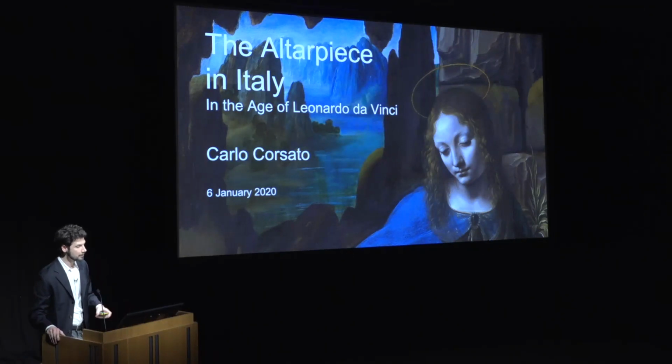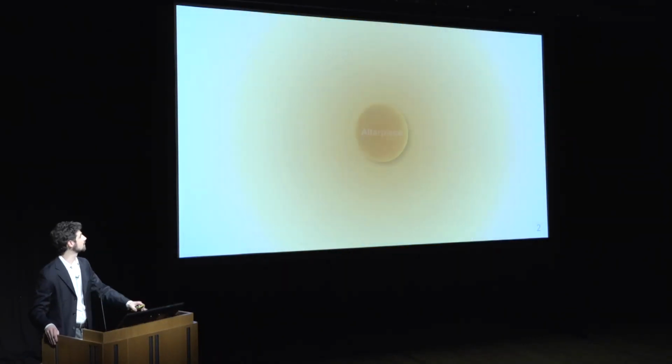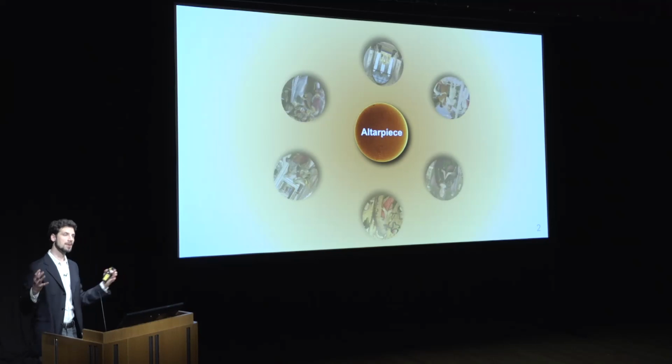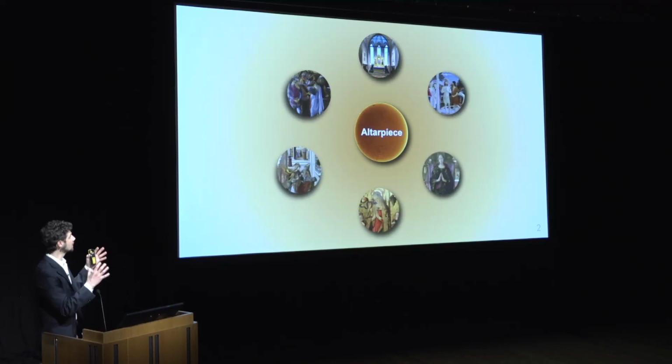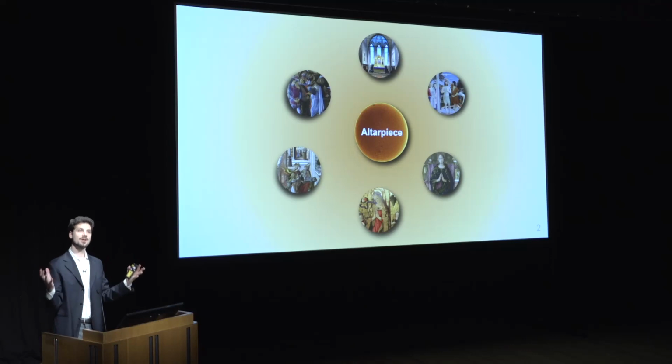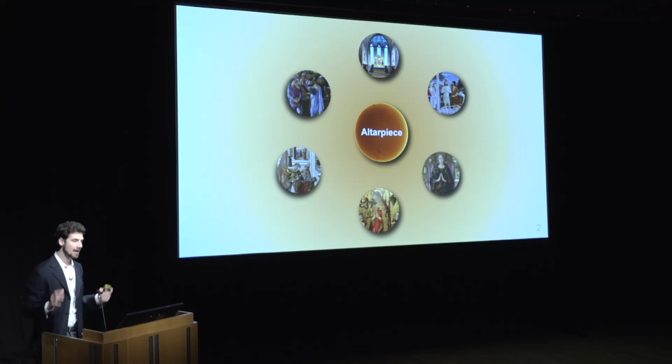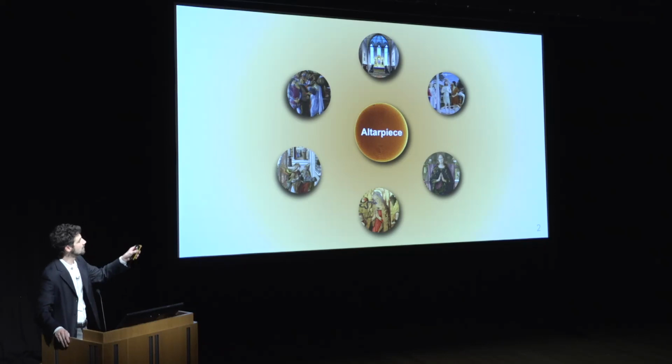Whether you're familiar or not with altarpieces, you should bear in mind this is a very complex type of image. So I tried to create a sort of solar system to understand the various aspects related to an altarpiece. I promise that all the images you can see now will be clearer and in full detail later.